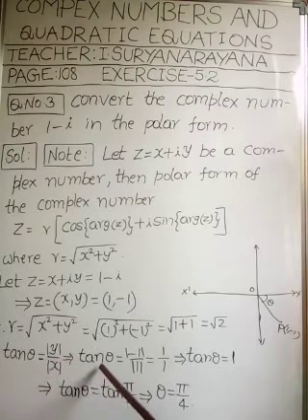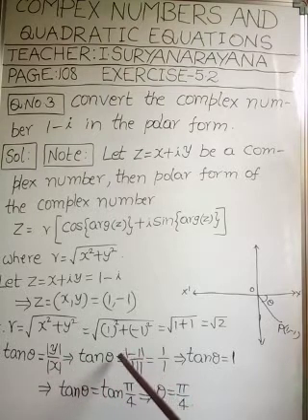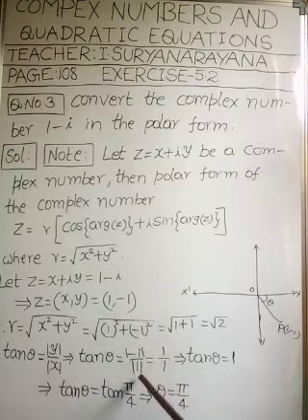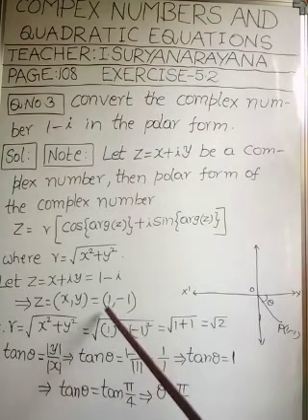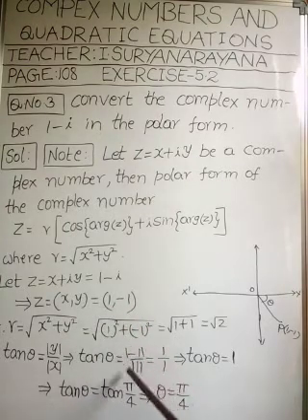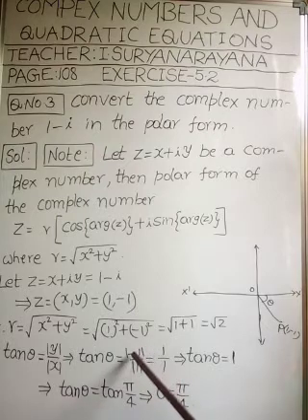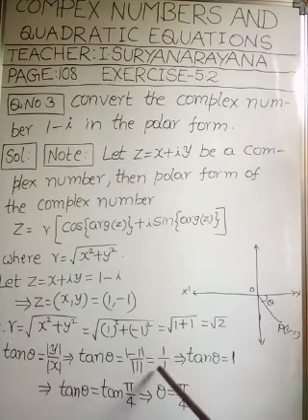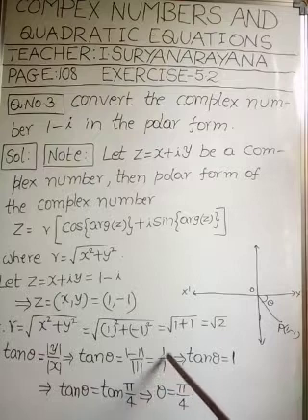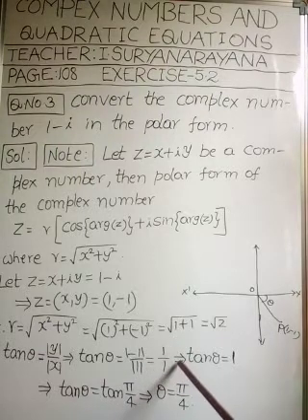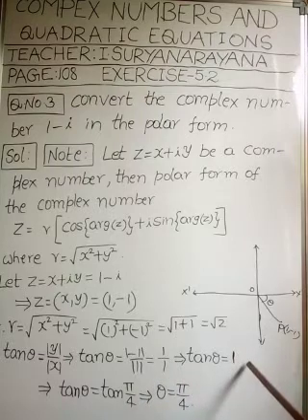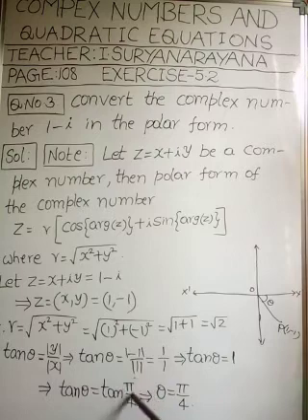This implies tan theta is equal to modulus of the y value, minus 1, by modulus of the x value, 1. That is equal to modulus of minus 1, which is 1, by modulus of 1, 1 only. This implies tan theta is equal to 1 by 1. What will you get here? 1 only. This implies tan theta is equal to 1, which can be written as tan pi by 4.